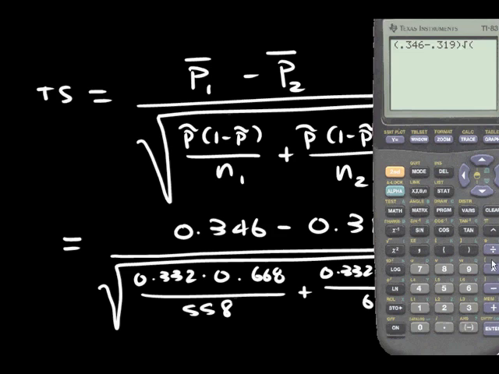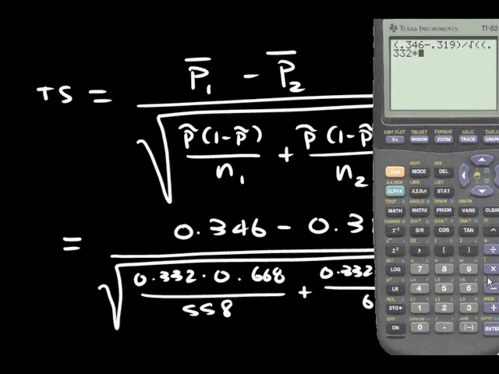The first parentheses just says whatever comes next is under the square root. Now, I have a couple of things coming. I'm going to put 0.332 times 0.668 divided by 558.